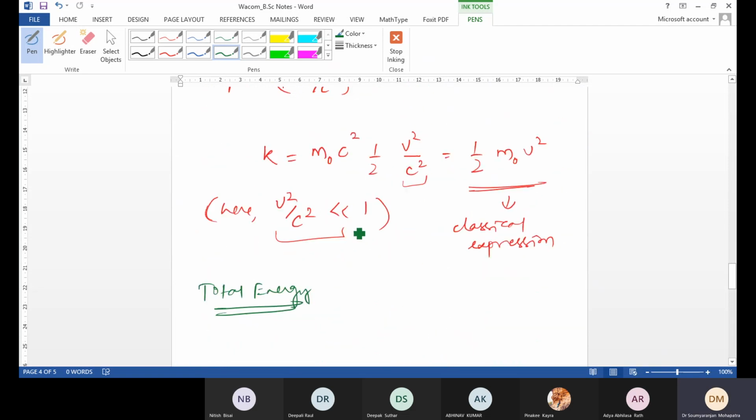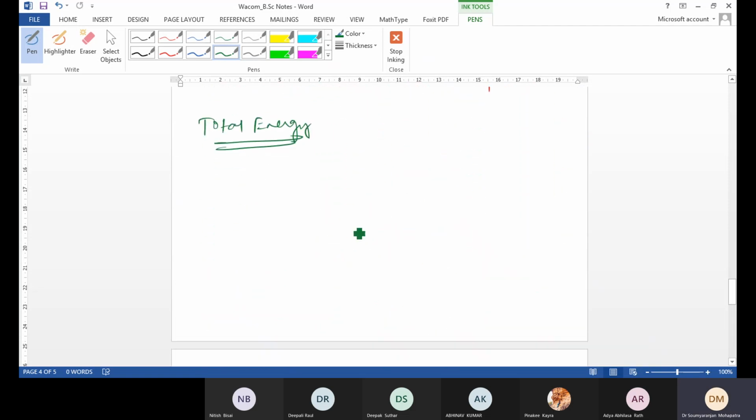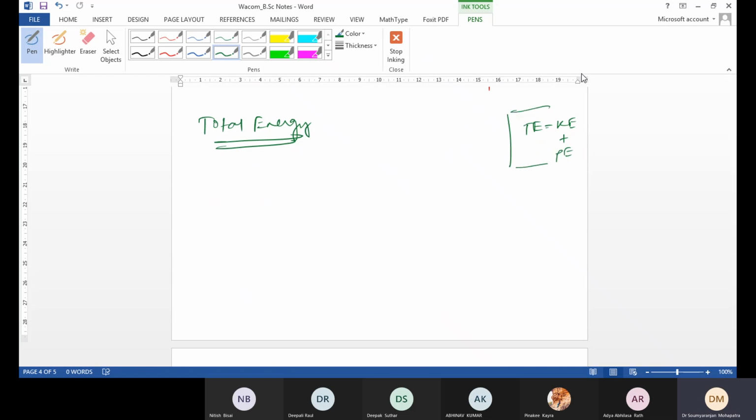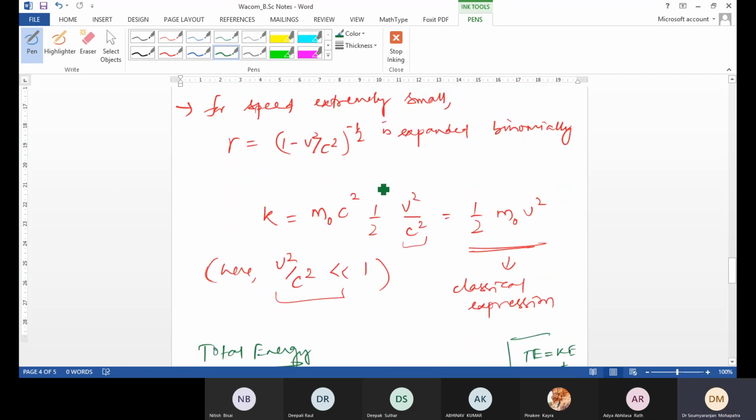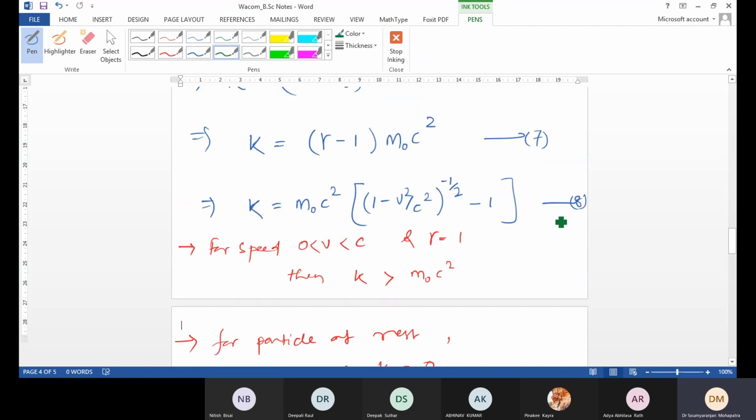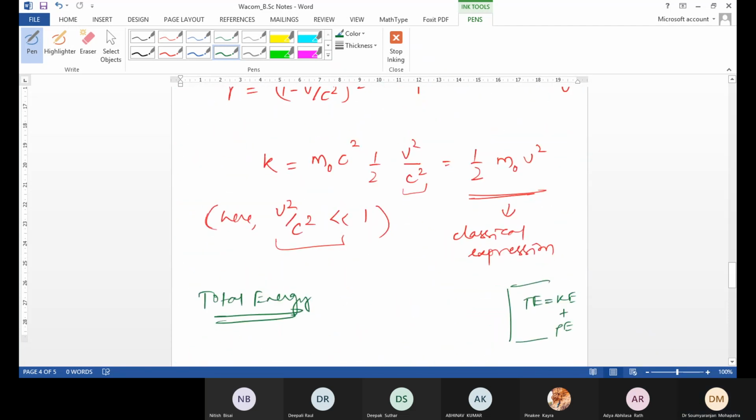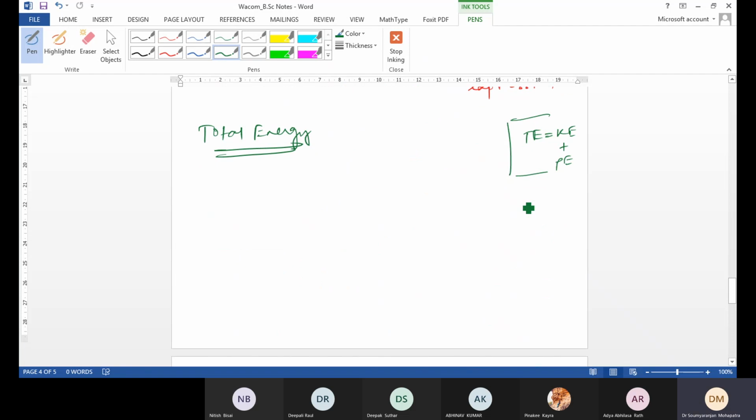One thing we need to remember when we are talking about total energy: usually total energy is equal to kinetic energy plus potential energy. We have seen the kinetic energy expression just before this, equation 8. What about potential energy? Here, potential energy is not included, because the particle is moving, so the potential energy is neglected.